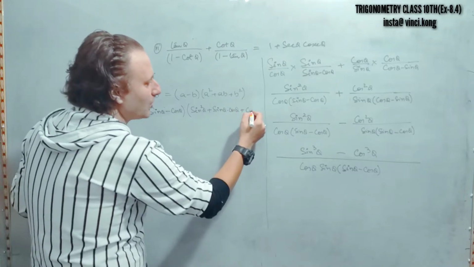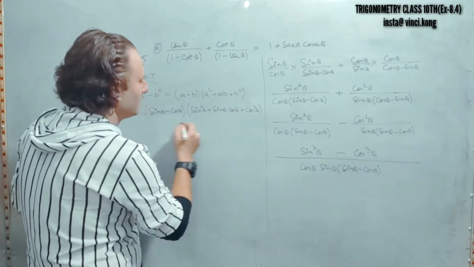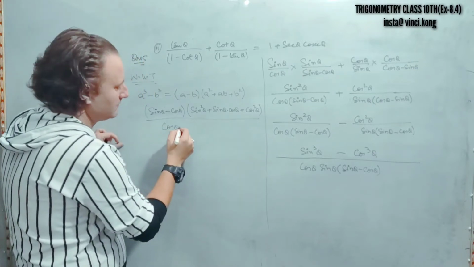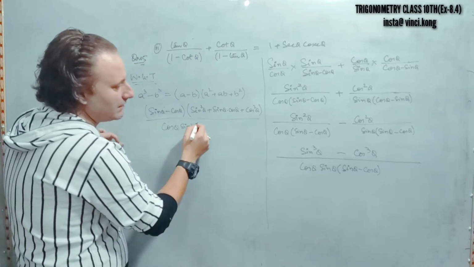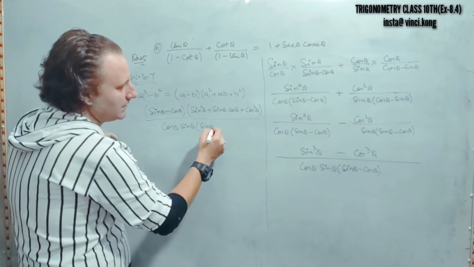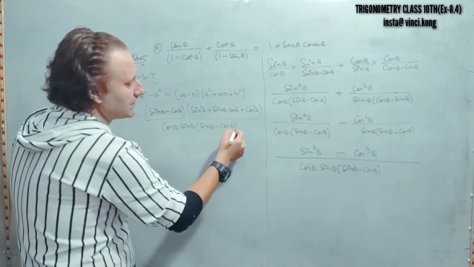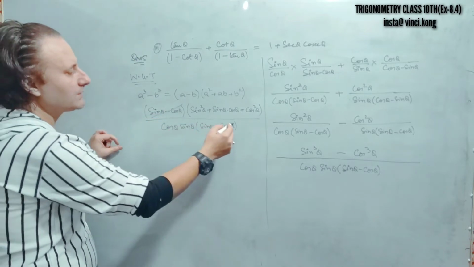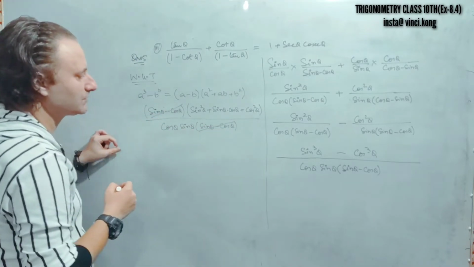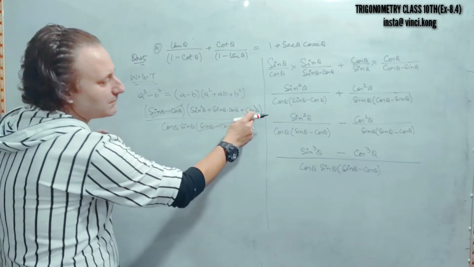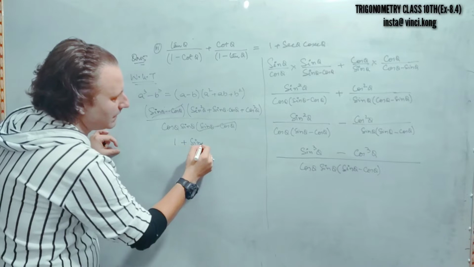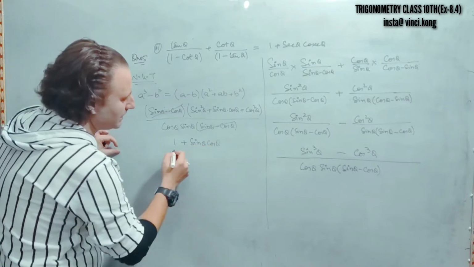B is cos, so that means cos square theta, whole divided by cos theta sine theta minus cos theta. Now I see sine theta minus cos theta here and sine theta minus cos theta here also, that's gone. Now sine square theta plus cos square theta becomes 1, plus sine theta cos theta.